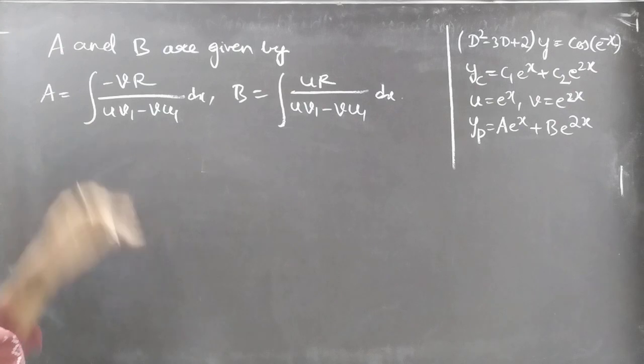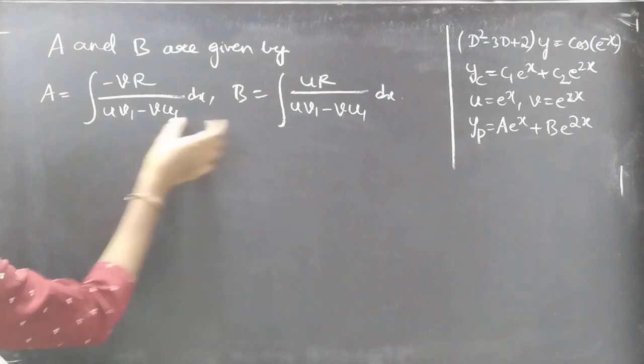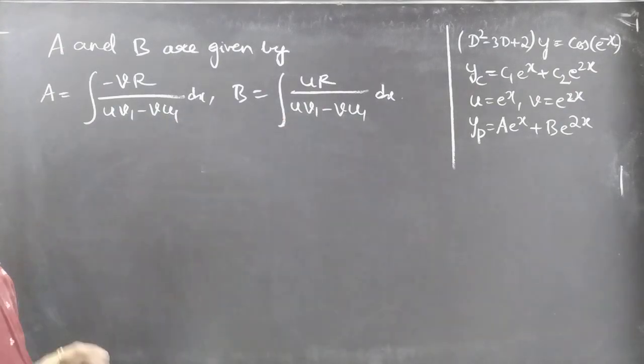So before finding a and b, we'll first find uv1 − vu1 because it exists in both formulas. And we have to remember that the denominator must be non-zero.